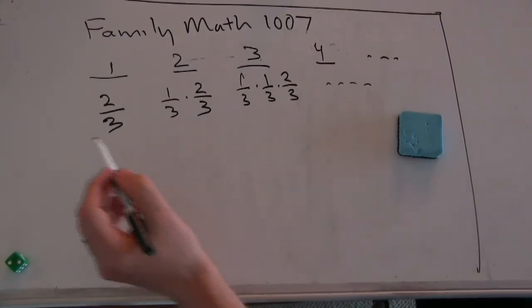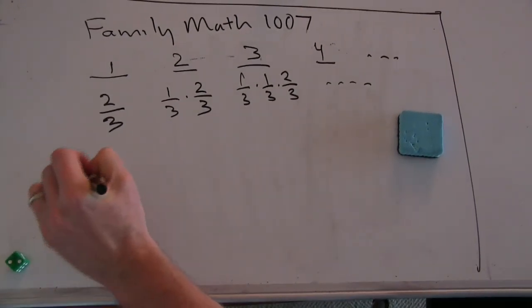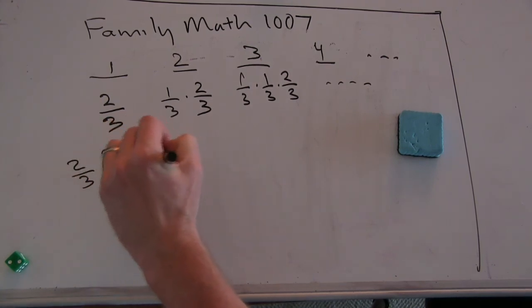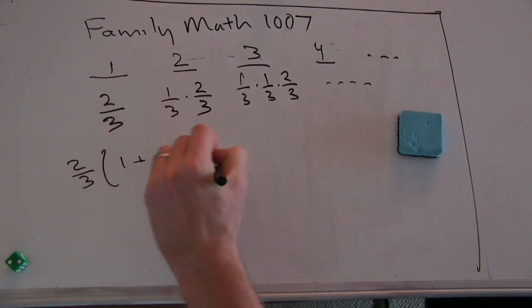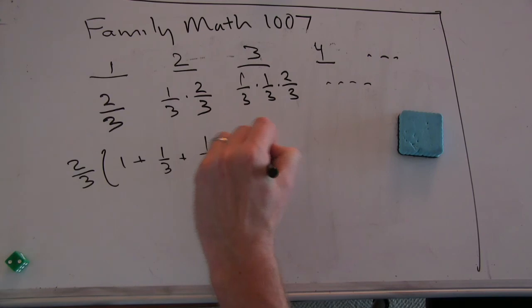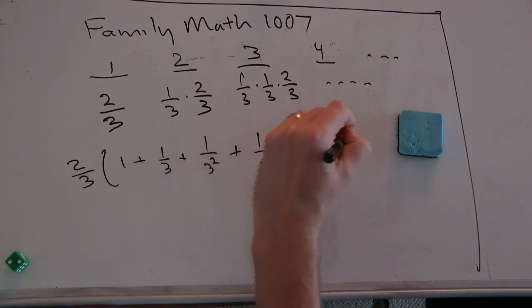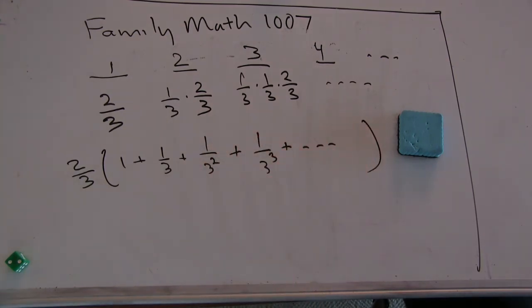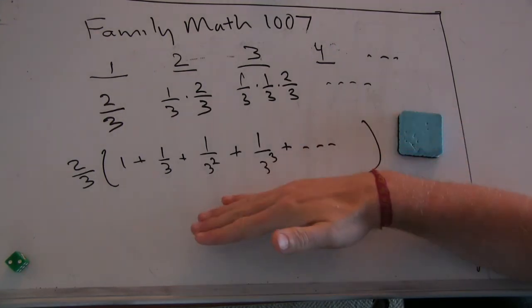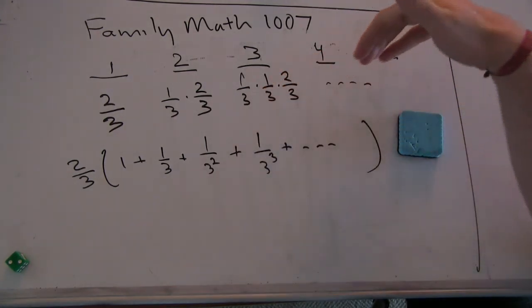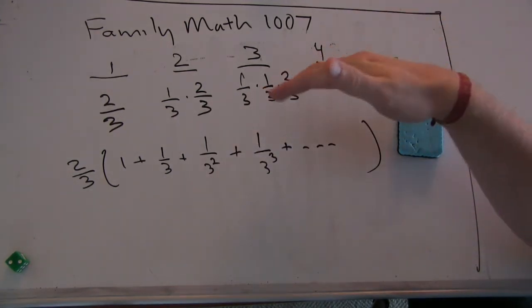So we get 2/3 times 1 plus 1/3 plus 1/3 squared plus 1/3 cubed. Now this should equal 1, right? Because I have to get a non-2 or 4 at some point.